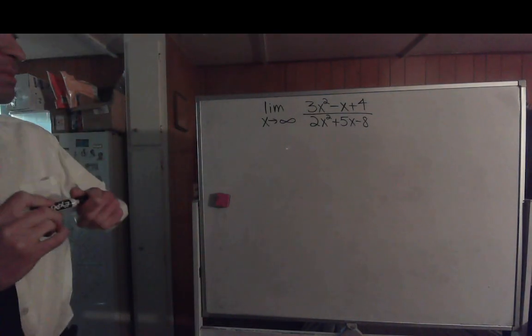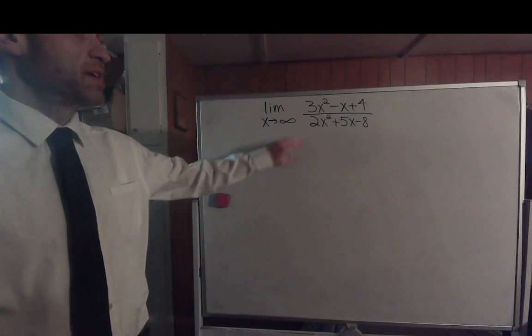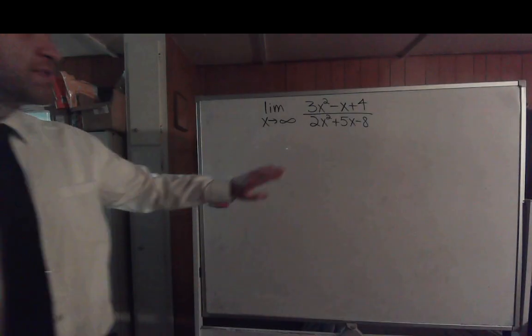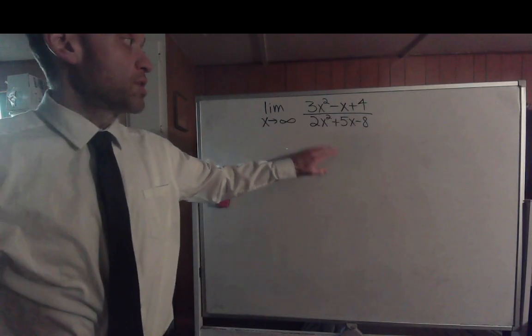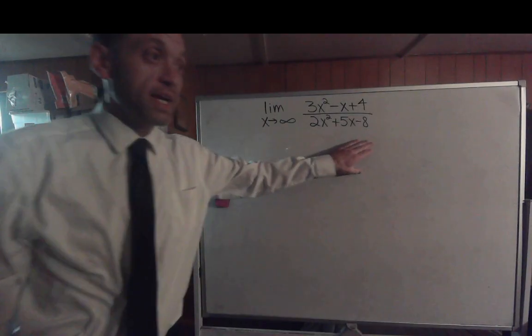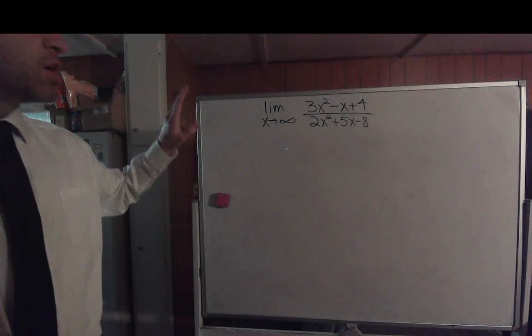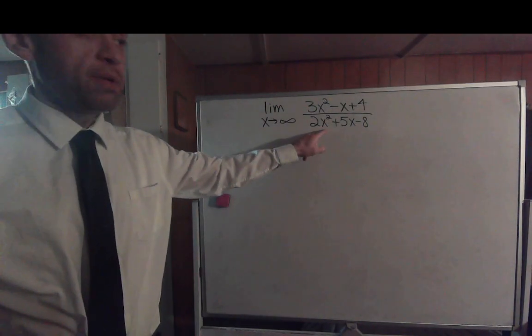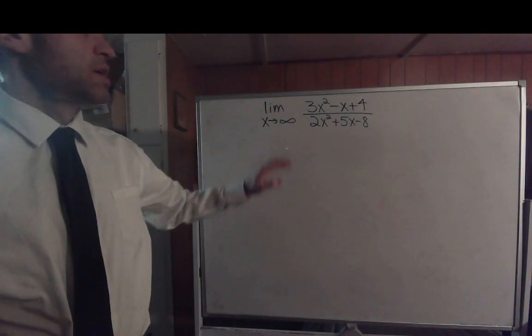Alright, so we have the limit as x approaches infinity of 3x squared minus x plus 4 divided by 2x squared plus 5x minus 8. Okay, so the degree of the numerator is the same as the degree of the denominator.